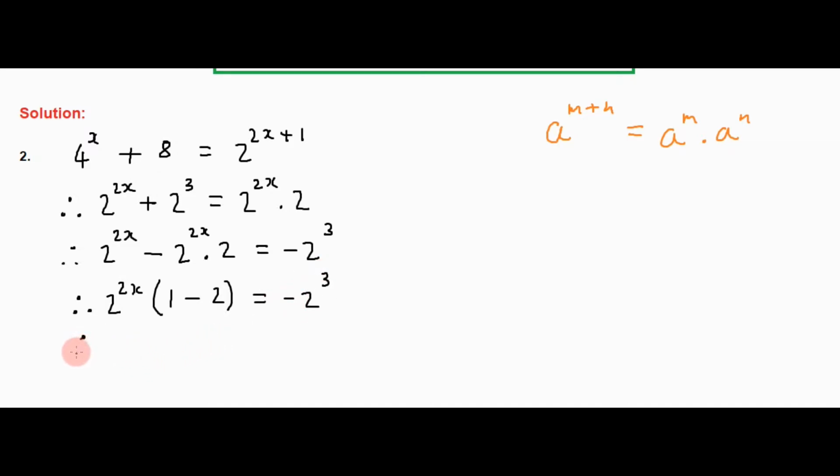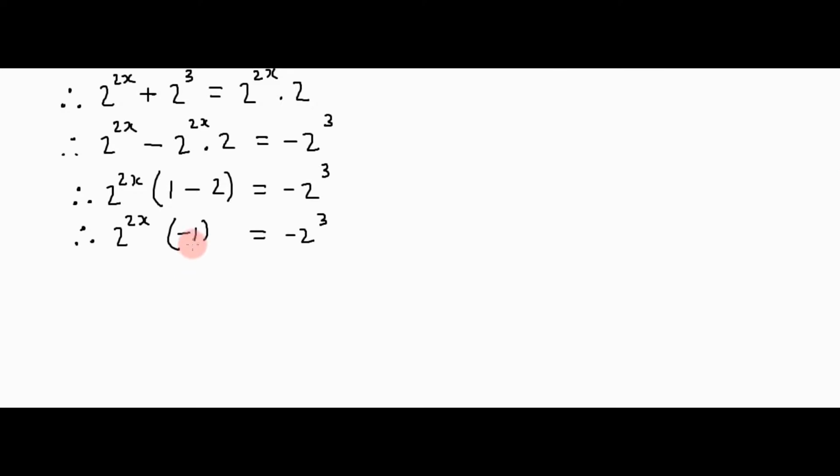We can simplify inside the brackets. 1 minus 2 is minus 1. We can divide the negative 1 into the right-hand side. So we have 2 to the 2x equals negative 2 cubed over negative 1.